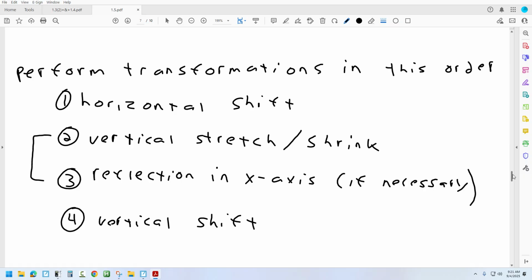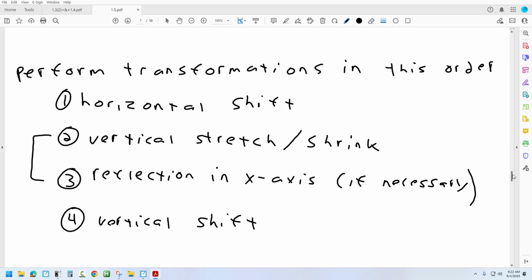I'm going to leave it out because we're not doing that right now. So for the transformations that we're doing, step 1, horizontal shifts. If you don't have that, you skip it. Step 2, tell me about any vertical stretching or shrinking that you're doing. If you don't have it, skip it.